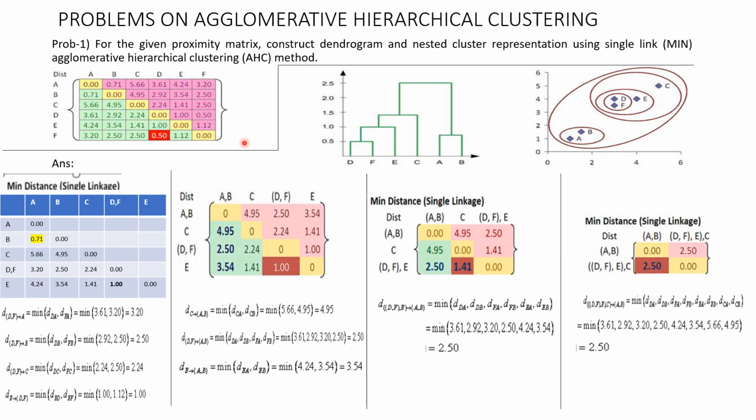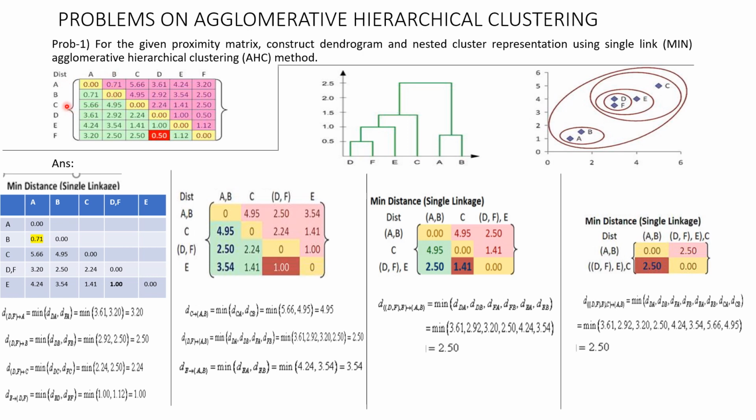Now before I go to the procedure of how to do that, please observe here. The diagonal elements are 0 because the distance from A to A is 0, B to B is 0, C to C is 0, like that. But if you see, the upper diagonal elements are the same as the lower diagonal elements. The distance from B to A is 0.71 and it is the same as the distance from A to B, 0.71.